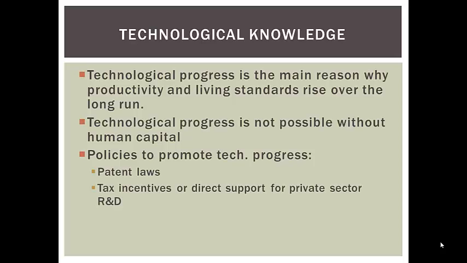We can do that with patent laws that promote inventions, those things that allow us to have faster technology. Or we can give tax incentives or directly support private sector research and development. So we can give grants to scientists, or we can give tax breaks to those companies that invest money in research and development, invest money in technological advancement.